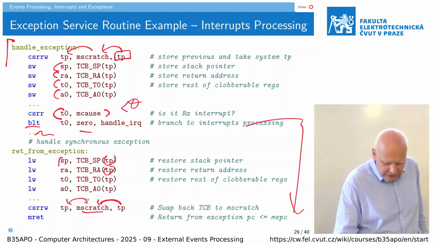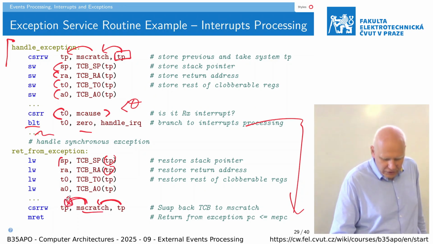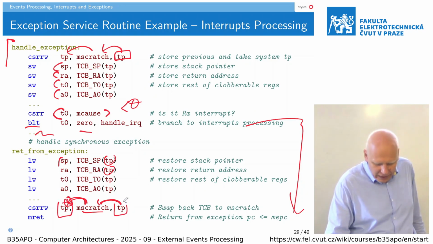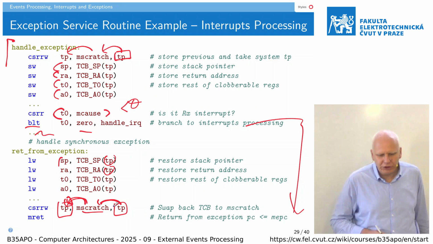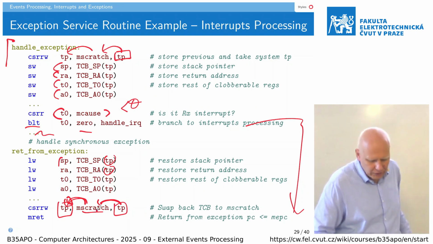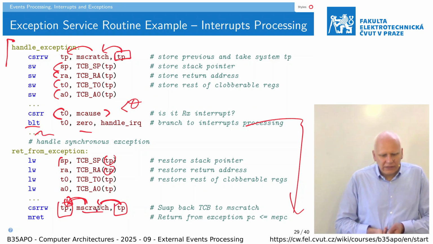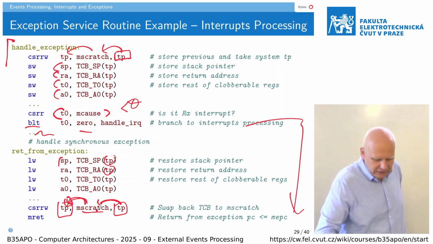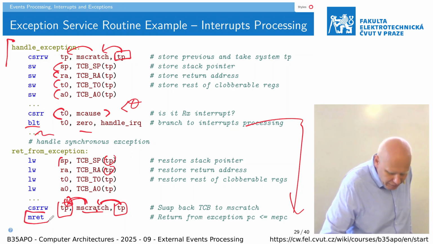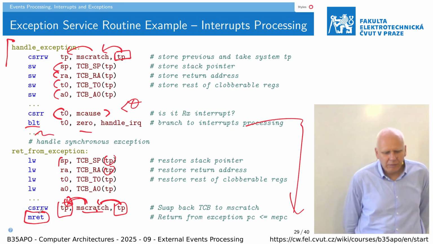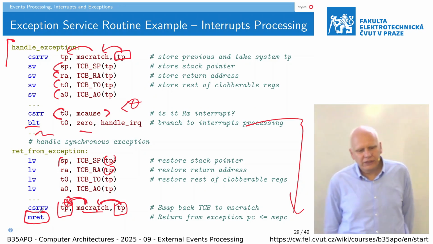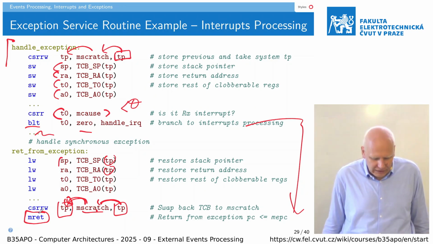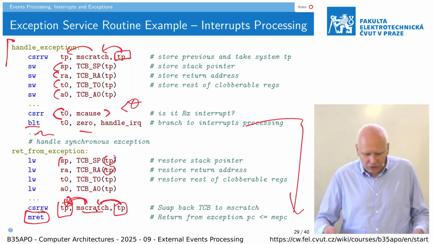So basically this way we have restored the user's previous thread pointer, and that which was used internally for the exception handling is returned back to the scratch register. So we can accept the next interrupt. And the last step is the machine return, which leads to the return from the exception on the hardware level.